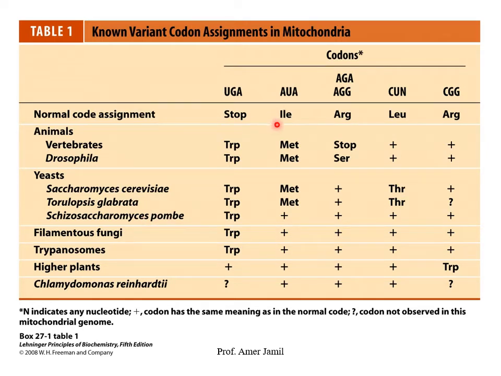Similarly, AUA is for isoleucine in the normal codon assignment, but for methionine in the mitochondria of these organisms. But in other microorganisms or other organisms, it has the same codon assignment as AUA, even in mitochondria. So the point here is that there may be a variation in the genetic codon assignments which come under the standard genetic code.